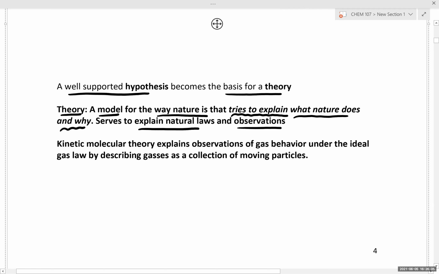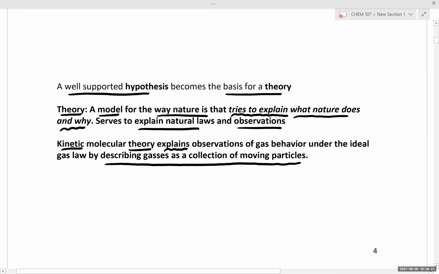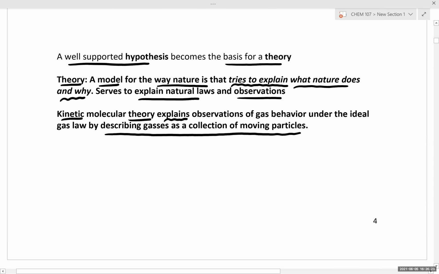Charles' law can be explained and rationalized using kinetic molecular theory, which explains observations of gas behavior by describing gases as a collection of moving particles. So for example, when we look at our balloon, kinetic molecular theory says we can describe the gas inside the balloon as a collection of moving particles.